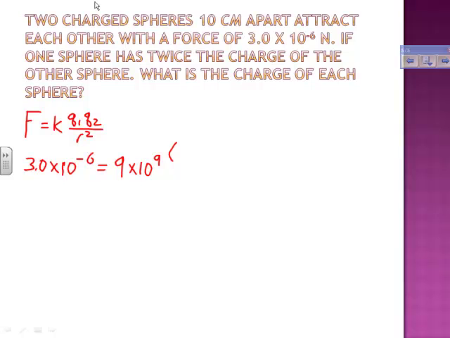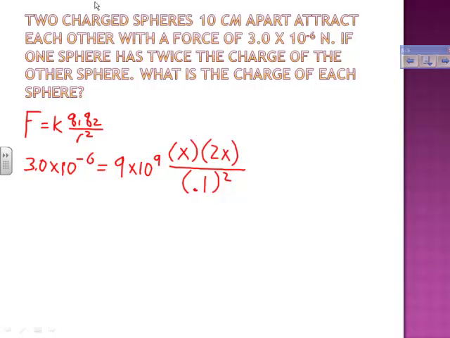I don't know the charge of either of these, so I'm going to call one charge X, and I know the other charge is twice as large, so I'm going to call it 2x. And I know these charges are separated by 10 centimeters. This needs to be in meters, so 0.1 squared.